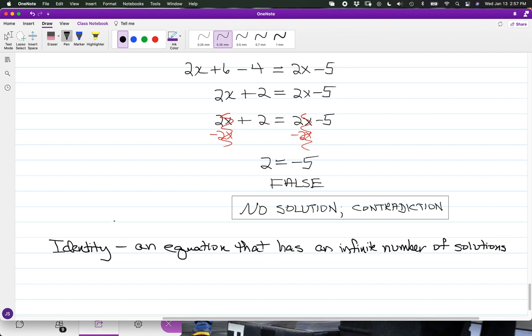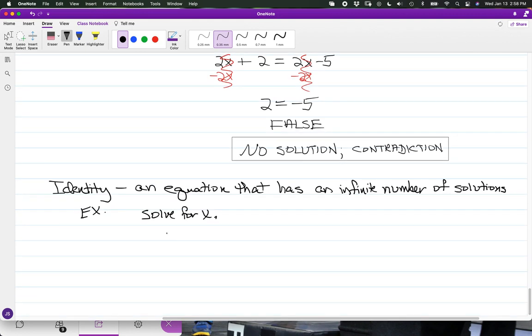And we'll say that we have, for instance, something that can lead up to an identity. And say we're solving for x, and we have 3 times the quantity of x plus 4 is equal to x plus 2 times the quantity of x plus 3 plus 6.